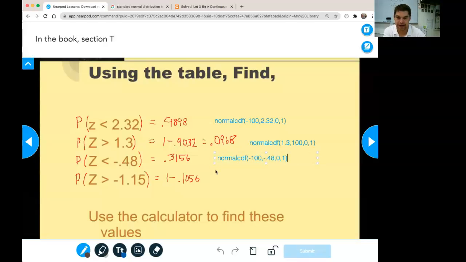You should get the same values when you enter these. The calculator is going to be a little bit more accurate though, compared to what we do by hand. So that's how you do it on the calculator.